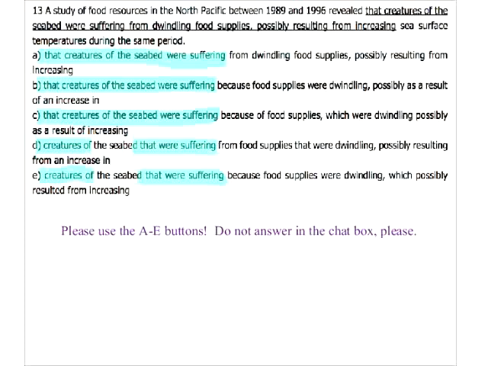So, right, the question is, what did the study reveal? I'm glad that you guys are not just calling this an idiom, because it's not just an idiom.